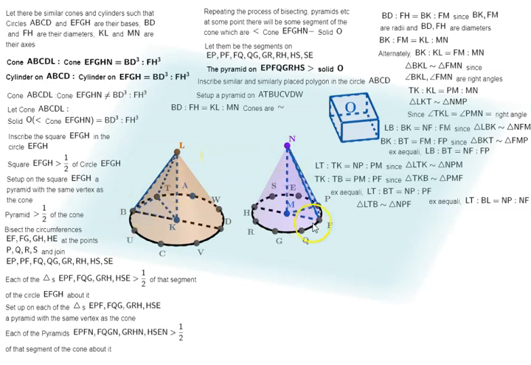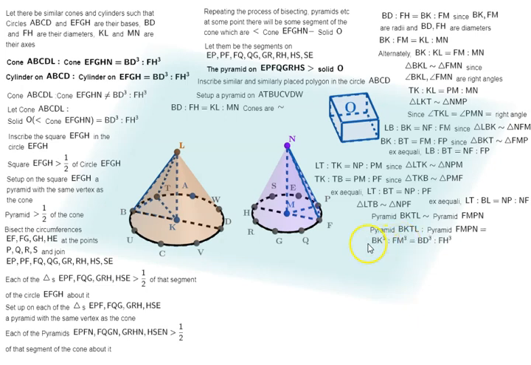Remember, this solid can be treated as a pyramid. So pyramid BKTL is going to be similar to pyramid FMPN. Why? Because these two pyramids are contained by similar planes. So pyramids are similar.